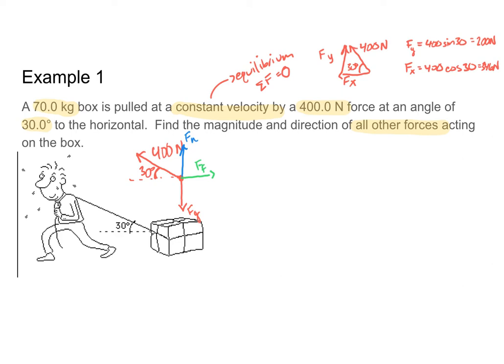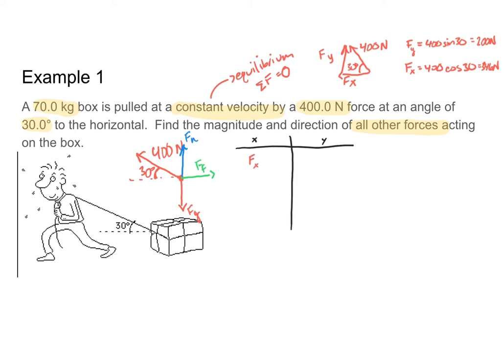Now that I've broken my angled force up into its x and y components, I am ready to fill out a T-chart to help me sum up my forces in the x direction and the y direction. I have 2 forces acting in the x direction. There is first the x component of my angled force, Fx.